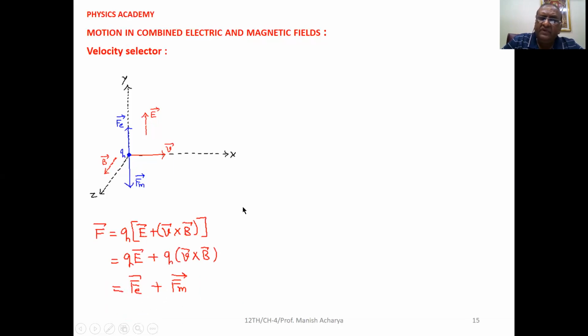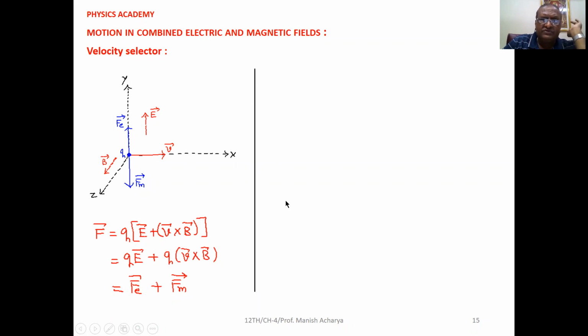So we already discussed, in the presence of electric and magnetic field both, the force acts on the charged particle, that is the Lorentz force, and that is given by F equal to q into E plus v cross B. So we can write qE plus q into v cross B. qE is the electric force, and q into v cross B is the magnetic force.